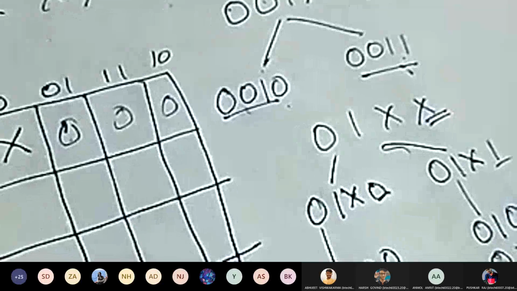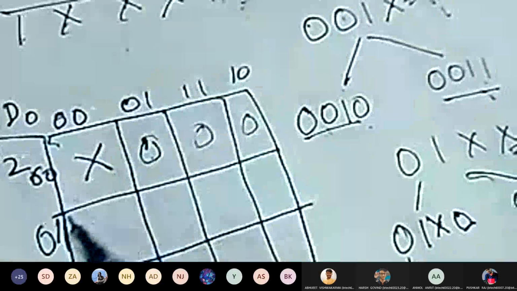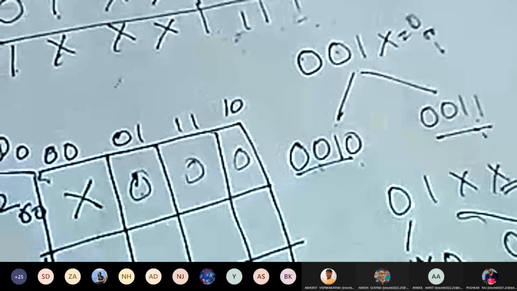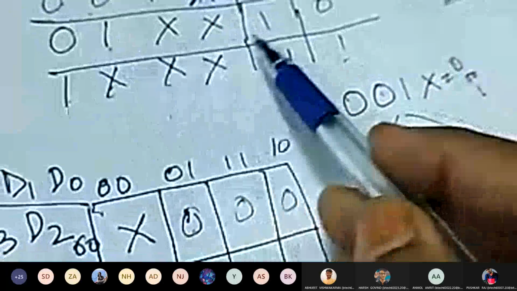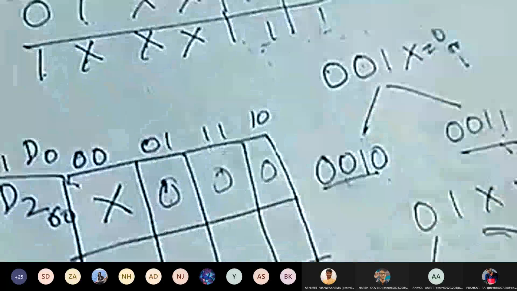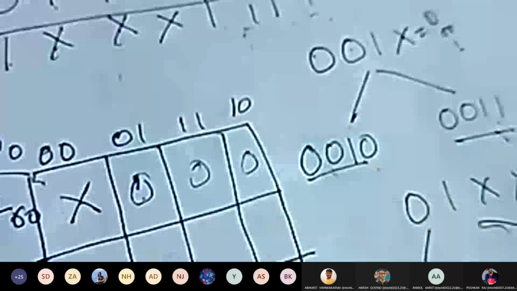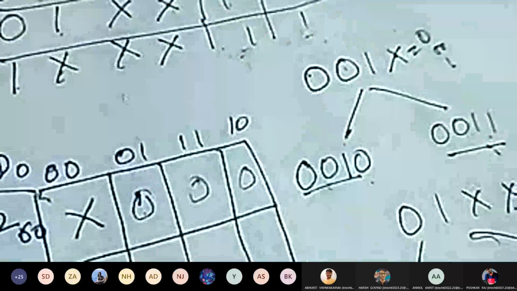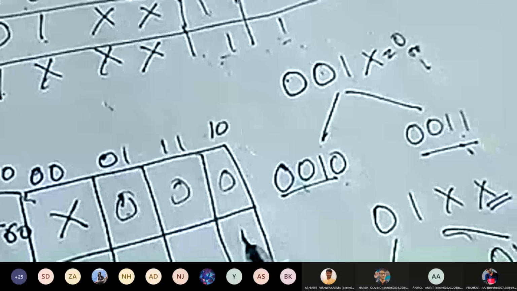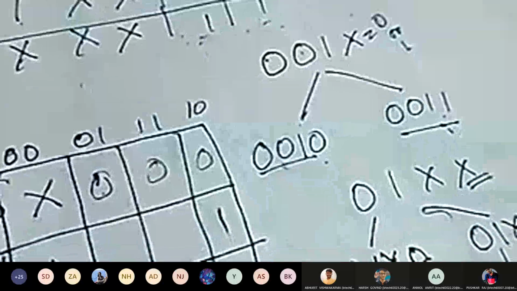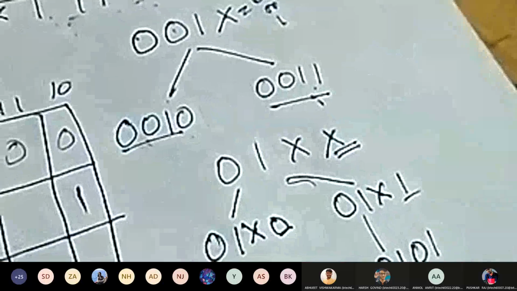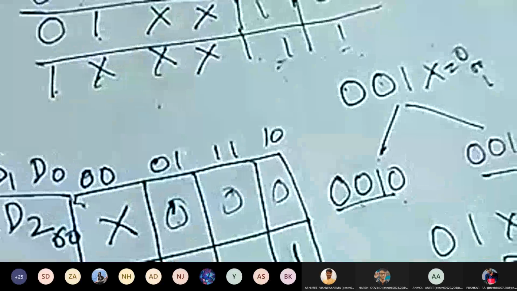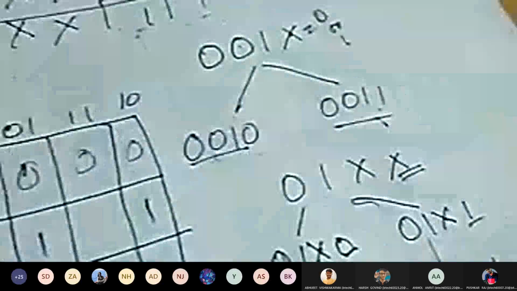That is 0, 1, 0, 0. So where is 0, 1, 0, 0? This one. In this case, what is the value for A? That is 1. So we will write 1 here. The next is 0, 1, 1, 0. We will put 1 here. Next 0, 1, 0, 1, again 1.